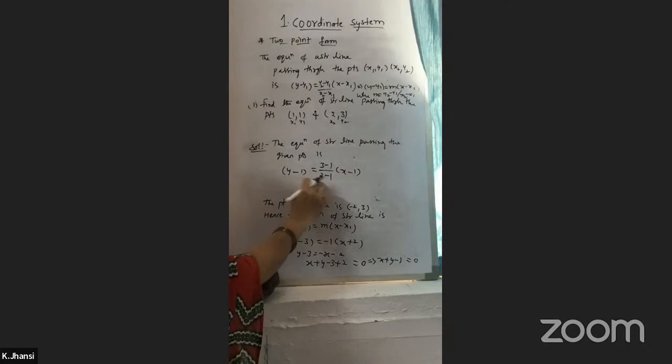Okay. Even this is the slope. Before this step, you can find the m value as the slope and substitute here. Anyway, you can write, okay. y minus 1 equals 3 minus 1, means 2, by 1 into x minus 1.